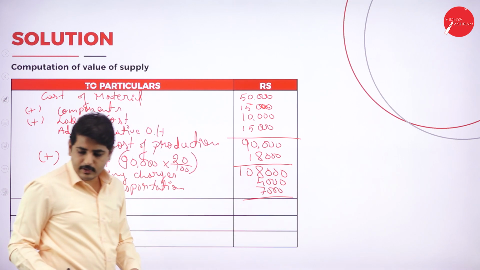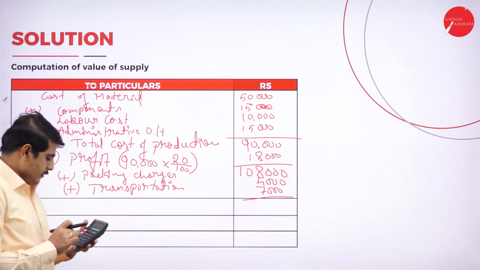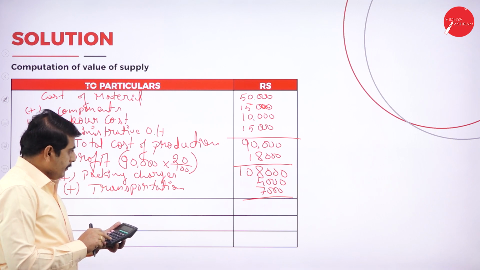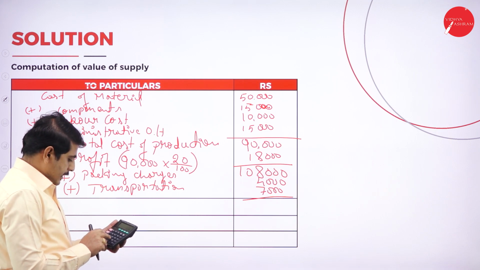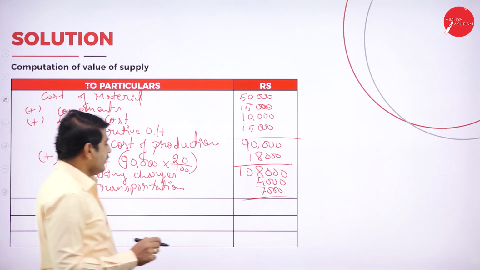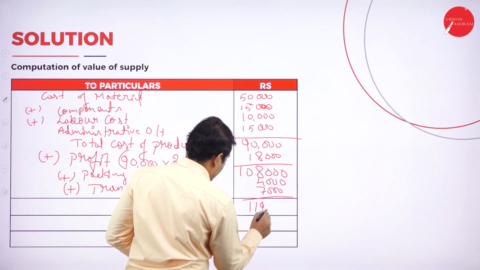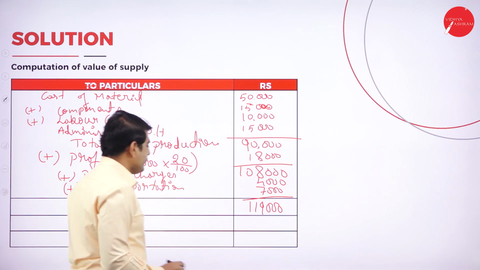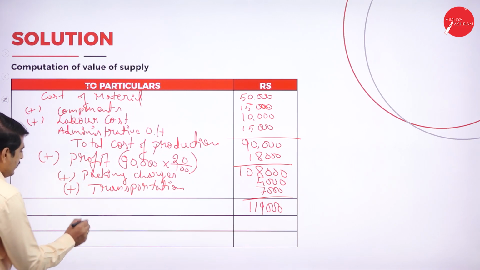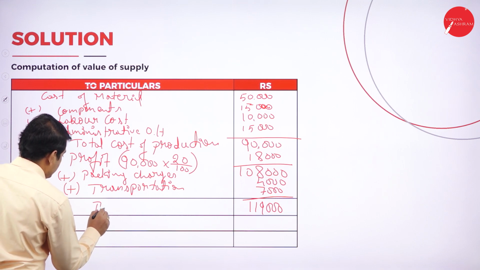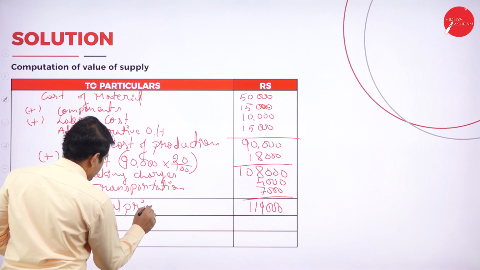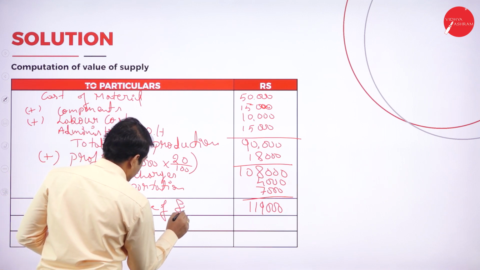So add it, how much will you get? 1,08,000 plus 4,000 plus 7,000, you get 1,19,000. 1,19,000 is the total price of the supply.